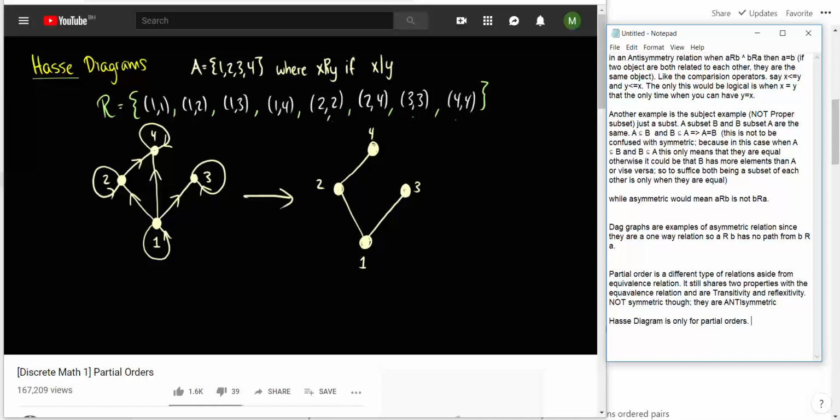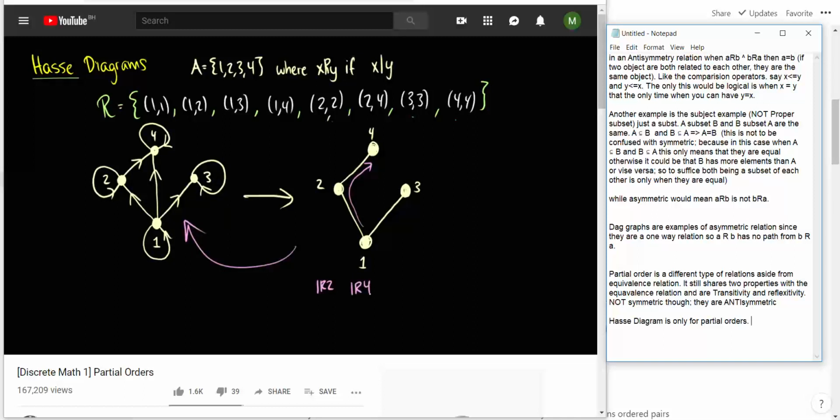And basically what this means is that we have the same relations that occur over here. Just we've made it a little bit nicer. So if we have a path from 1, 2, and 4, this means that we have 1R2, 1R4.